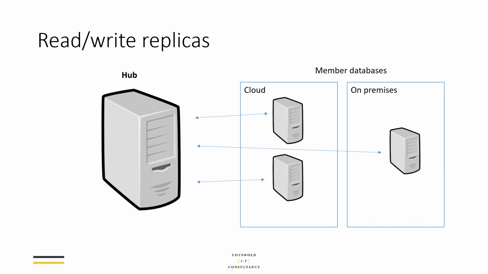But is that going to give you the right flexibility? There's some replication conflict handling, but the choice is basically, does the hub win or does the member win? They're your choices, which is a bit of a blunt option, but there you go. It does raise the question of designing your databases to replicate properly.